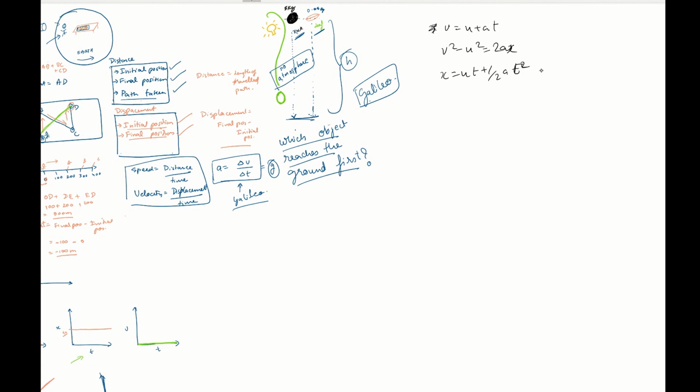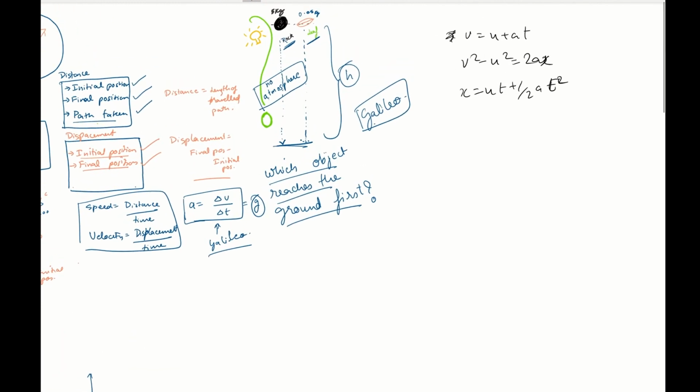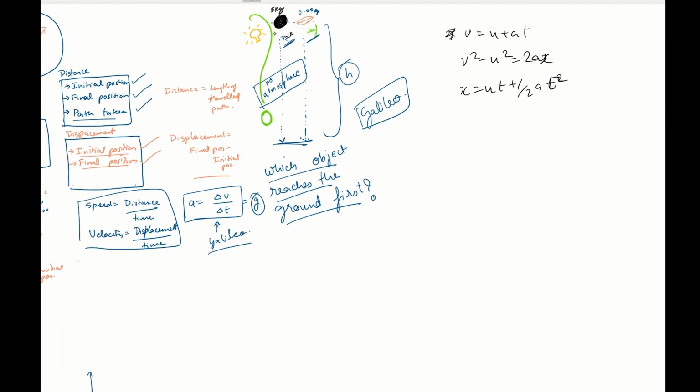In the equation, you can use the initial velocity as zero, acceleration as the gravity, and so on. But one thing you will notice is that there is no mention of mass. So mass is not involved; it does not matter what the mass of an object is.